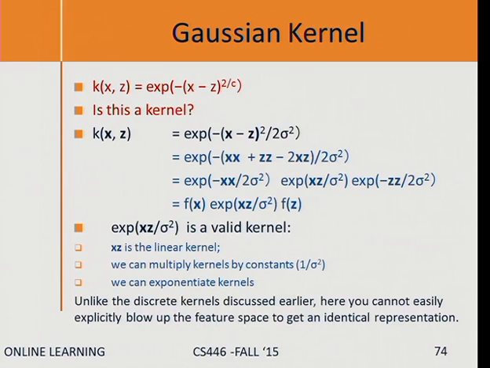Everything is the same, it's just that the algebra is different. Here it's a little bit different because you have a continuous representation, so I cannot say in an easy way that I can explicitly blow up the feature space to get to an identical representation, right? Although there is work that shows that you can kind of do this, but it's a little bit less trivial than what I've done before, where these 2 things are just identical.